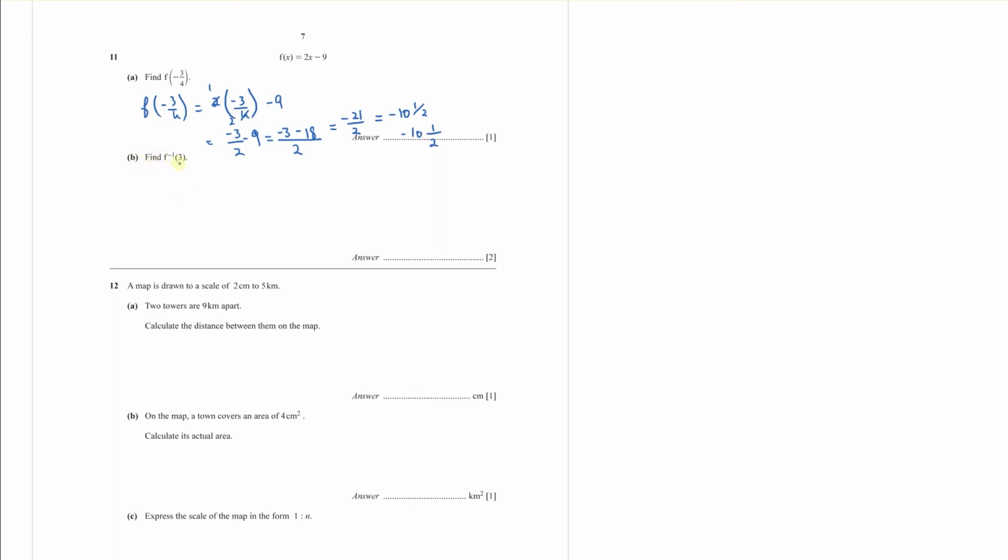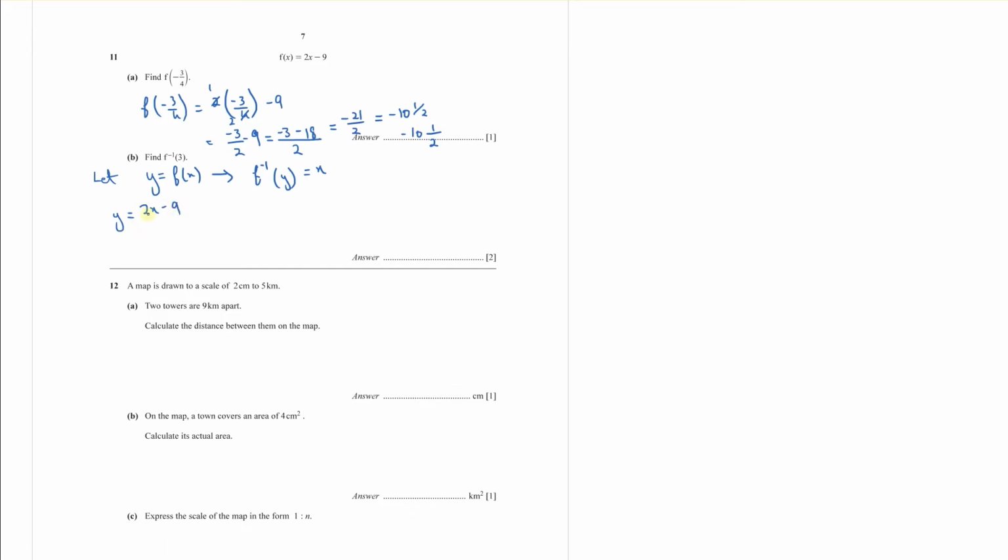Second part is find f inverse of 3. So first we have to find the inverse function. So you're given f of x equals 2x minus 9. So let's say let y equal f of x, which means f inverse of y, if I take f on the other side, f inverse of y is equal to x. So if y equals f of x, then y equals, I can substitute the value of f of x here, 2x minus 9.